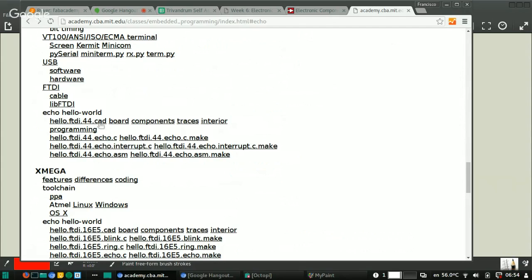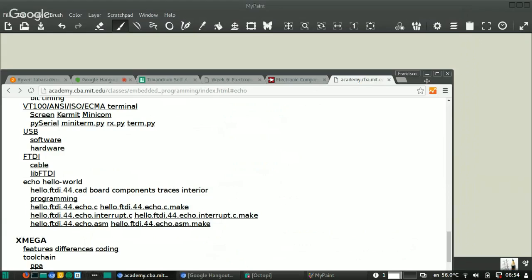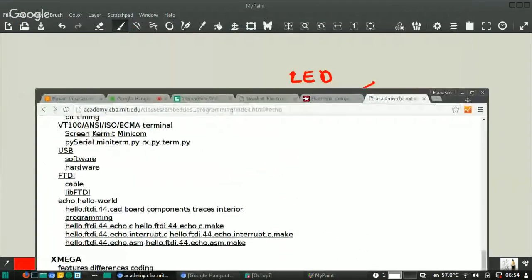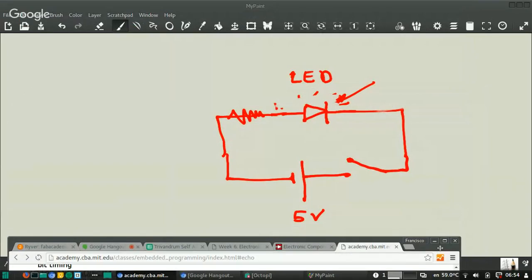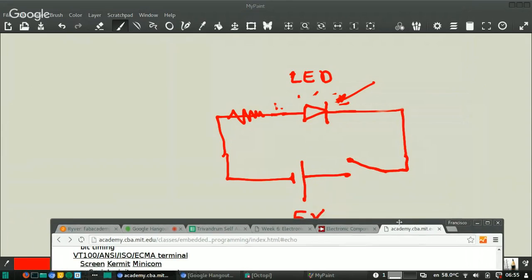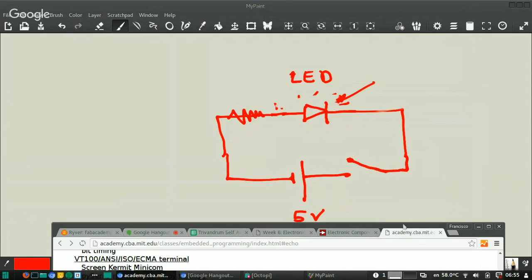Yeah, but this week, I don't know if I am understanding the question well. This week is about making this circuit we see here, but using a microcontroller to open and close this button and operate this LED. Okay. This is the first time I'm hearing it.